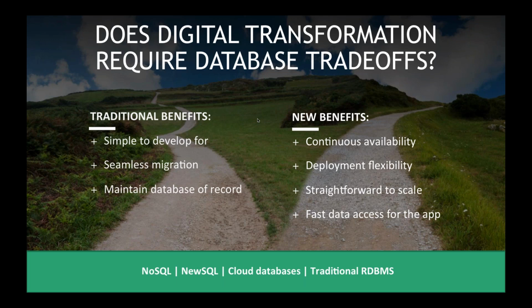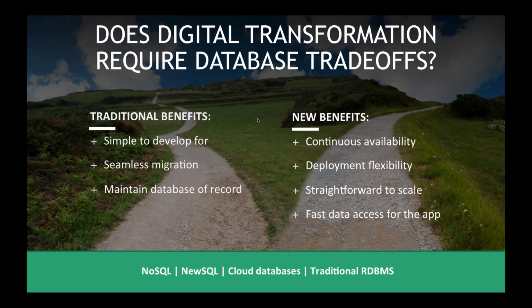On the NuoDB side, we're fortunate because our product, which is a SQL distributed database, happens to be a great choice for a lot of enterprises, especially for banks which are undergoing this kind of digital transformation for many reasons.